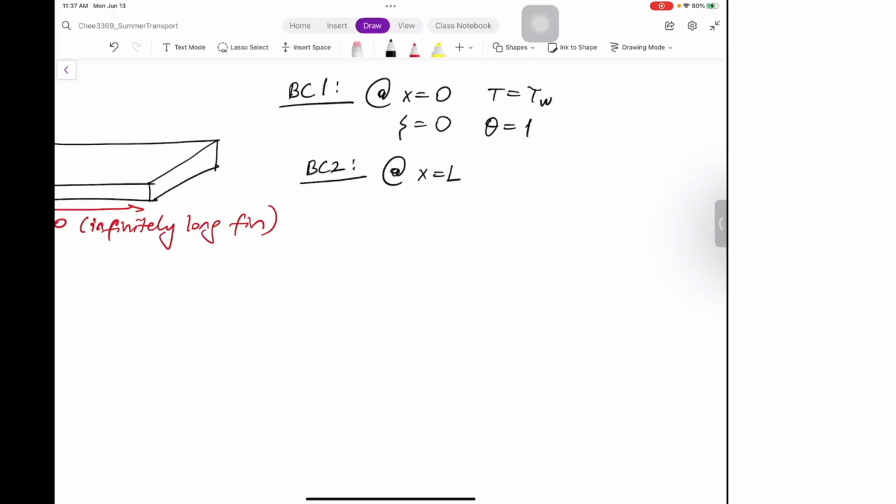Which means that the tip of the fin already came to the temperature of the fluid. So basically, T becomes equal to the fluid temperature. It's so long that the tip of the fin is the same temperature as the air. So this means that psi is equal to 1, theta is equal to Tf minus Tf divided by Tw minus Tf, which is 0. Okay, so let's solve our equations.